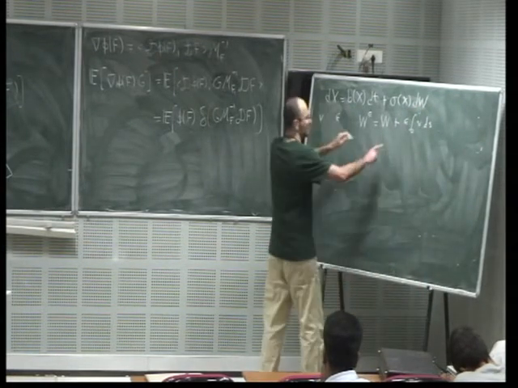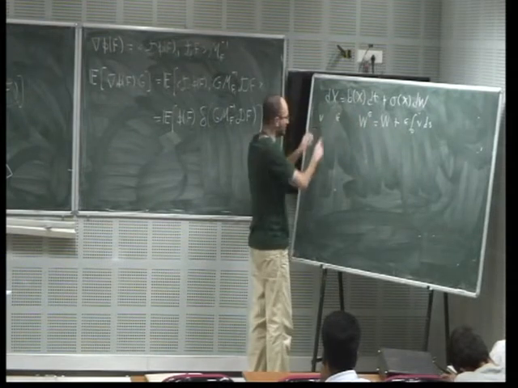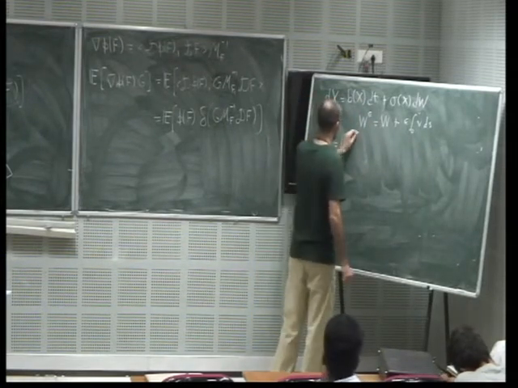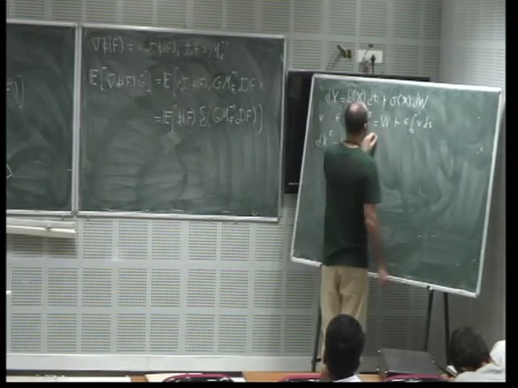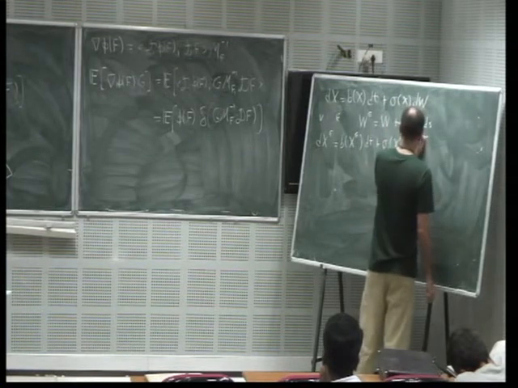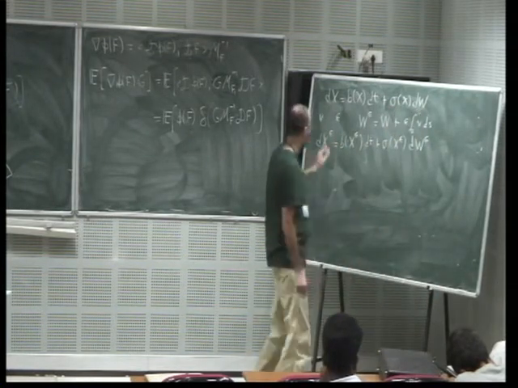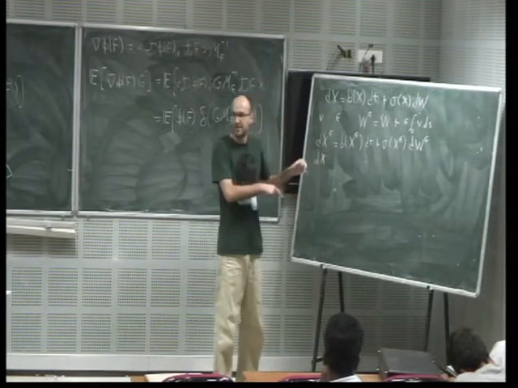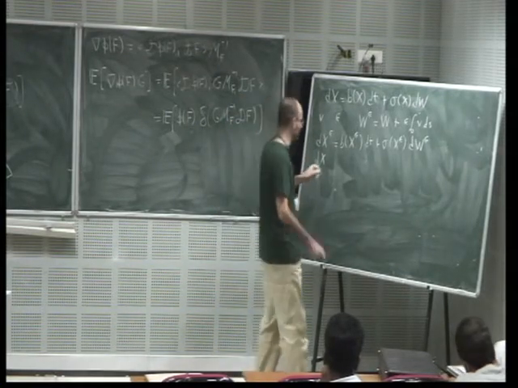And with this new one, we have another equation, which is dX epsilon equal to b of X epsilon dt plus sigma of X epsilon dW epsilon. And I write below the original one because I want to make the difference, divide by epsilon, and take the limit as epsilon goes to 0.